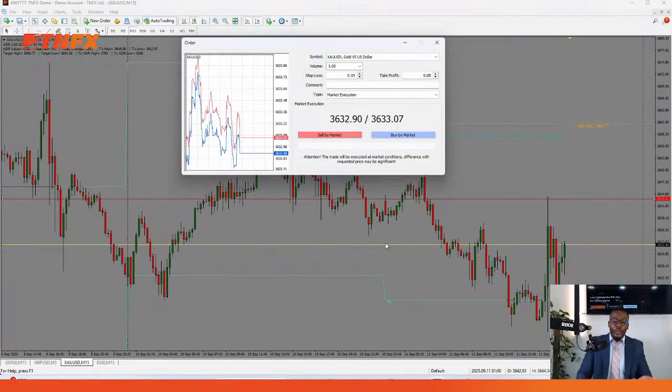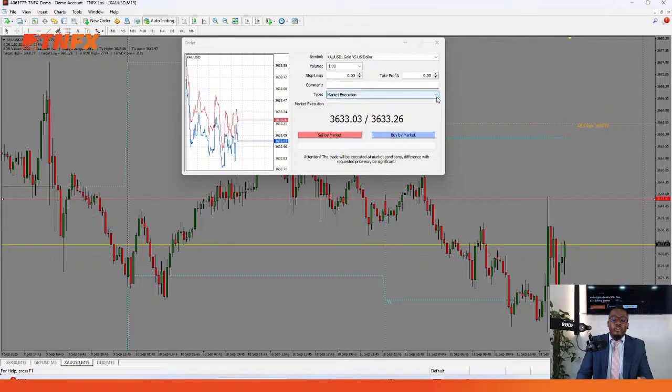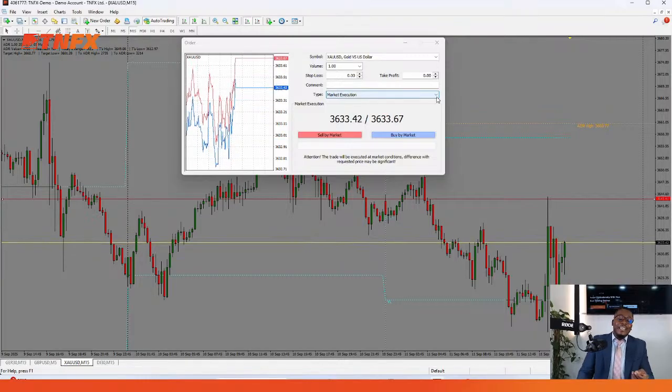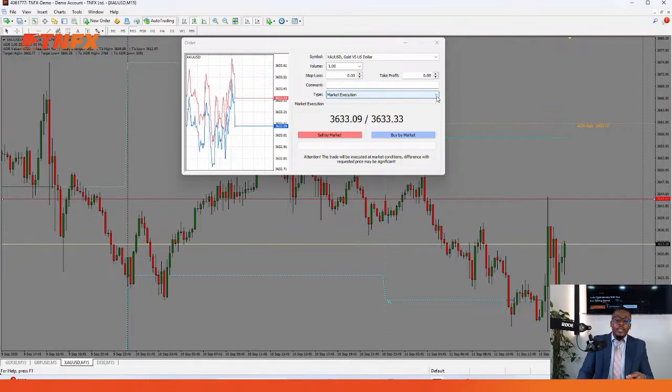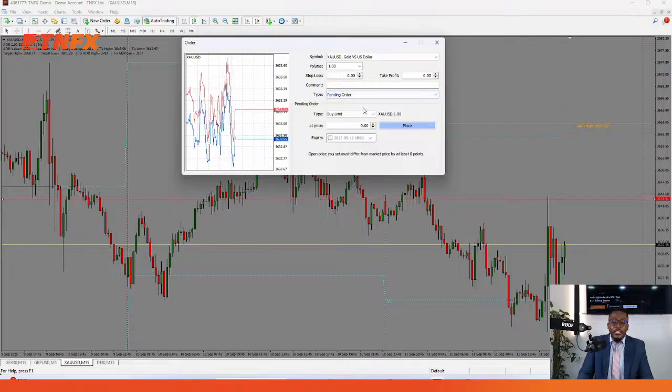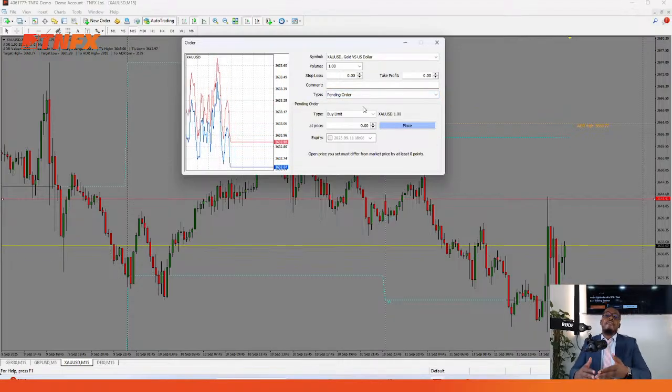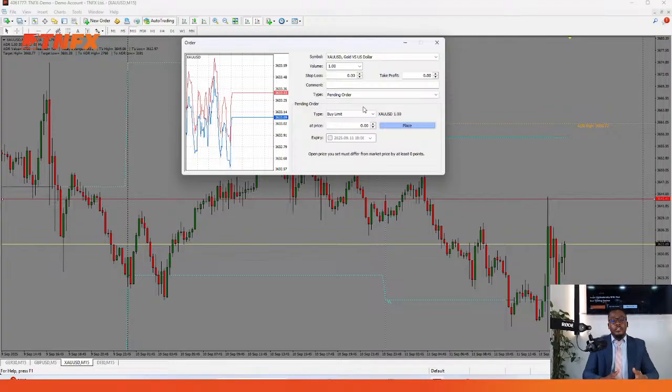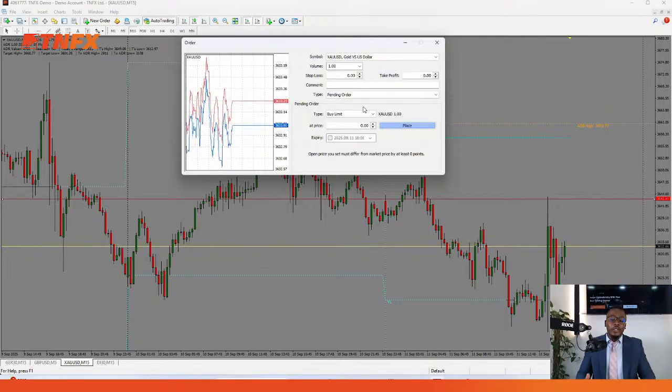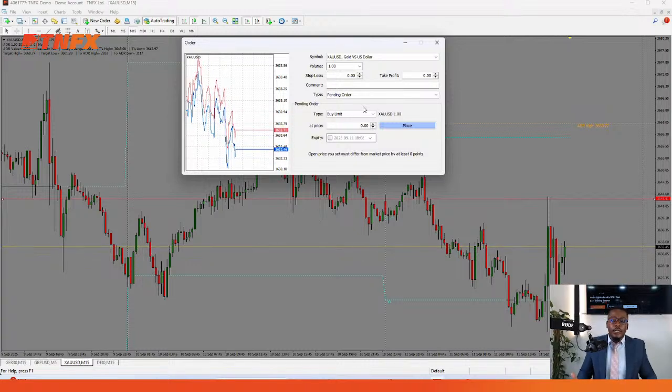You understand? So in that case, you'll be able to say, okay, the strategic risk management factor in this case will be me applying the pending order, if I don't have the time to be sitting in the charts, or if I can't execute instantly when there's high impact news events, or when I see an opportunity.